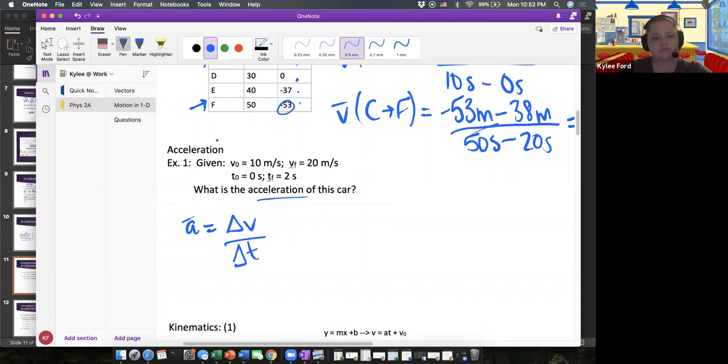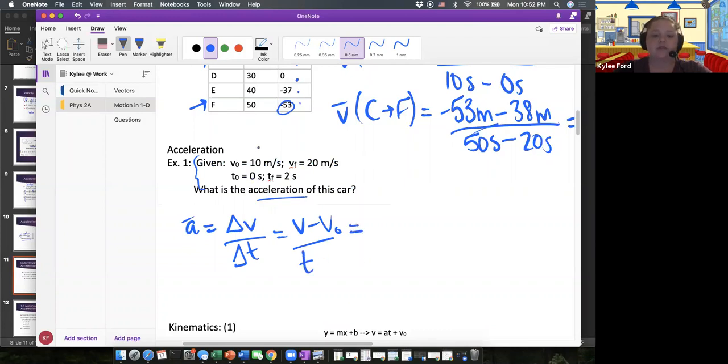And we are given that our initial velocity is 10 meters per second, our final velocity is 20 meters per second, our initial time is 0, and our final time is 2 seconds. So we have v minus v naught over t.